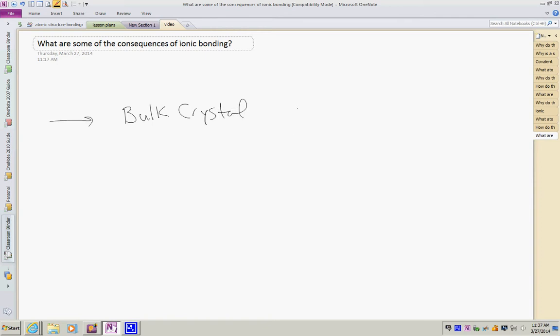Okay, and this is going to go to its counterpart, which is the molecule. And you should see the very big difference. Now, a bulk crystal is a cation, an anion. Because they're different charges, and given the opportunity, if they're allowed to move, the positives and negatives would attract, and the negatives would repel, and positives repel.